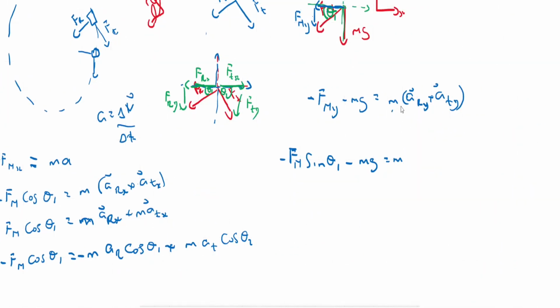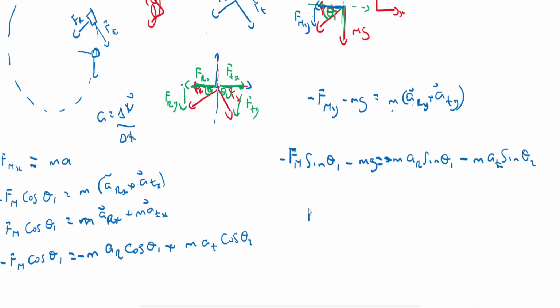This becomes m multiplied by this a_ry, but a_ry is the same as a_r sine of theta 1. Is it positive or negative? It is negative, so I'm going to have negative here. There's my equal sign, there's negative. This one is going to be negative or positive? It is negative, so it's going to be negative m, which is this m, and then you multiply it by a_ty, but a_ty is a_t, whatever the value of a_t is, sine of theta 2, all right?